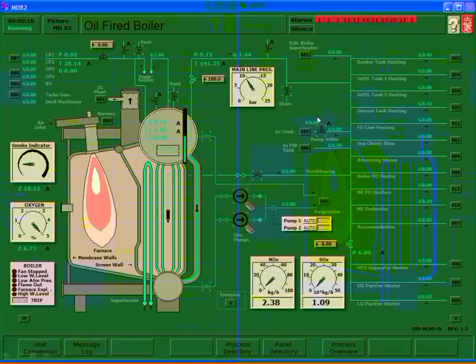Now, the other thing while we're here and on this page, I wanted to point out the dump. This dump valve, when you're out at sea, if the steam turbine is producing, step back. When you're out at sea, if the boiler drum is producing more steam than what you need, in other words, I'm picking up heat solely. I don't have a fire. I'm solely picking up heat from the main engine.